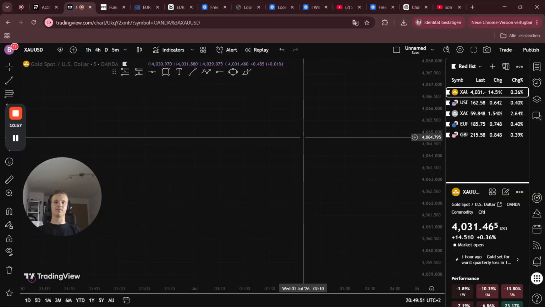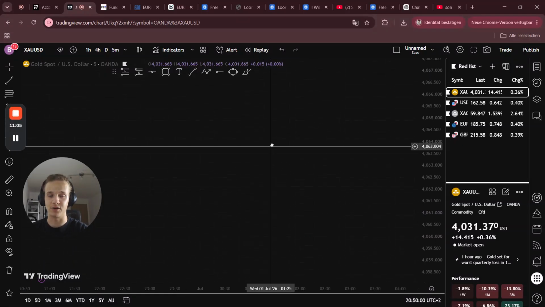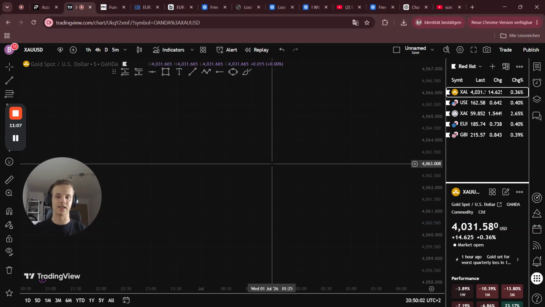Another good thing is, as I said earlier, the tick speed. MetaTrader has one-to-one ticks. This means the market does a tick up in a real-time second.